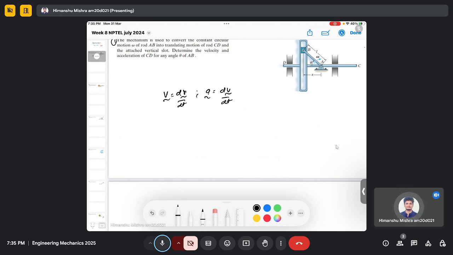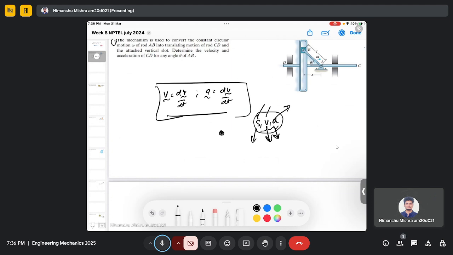There are three quantities in kinematics: displacement, velocity, and acceleration. If you are given any of these three quantities, you have to find the other quantities from these three itself. For example, if you are given the acceleration, then you may have to find velocity and displacement. If you are given the displacement, then you may have to find velocity and acceleration. And you need to find that using these relations.